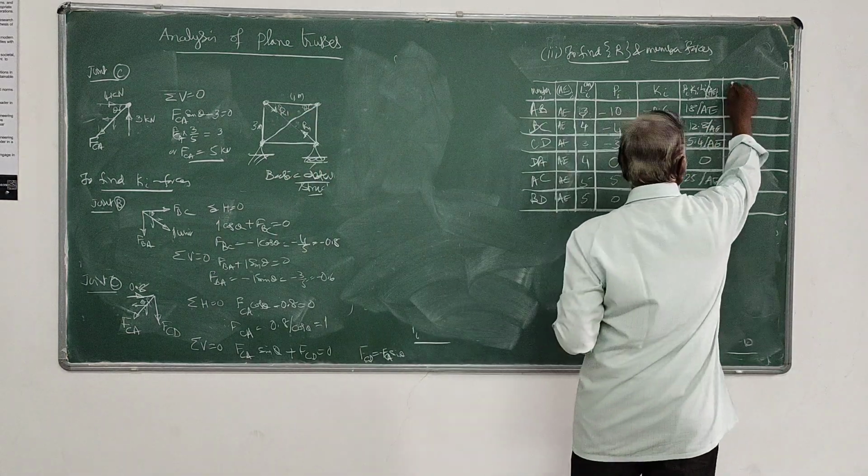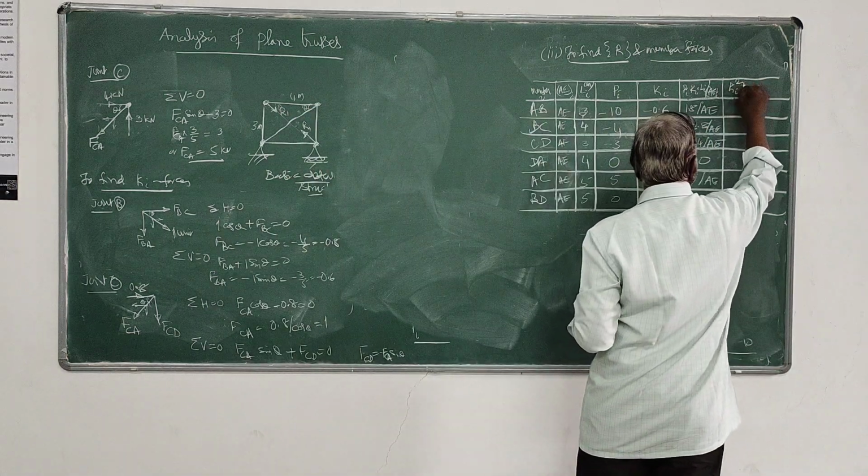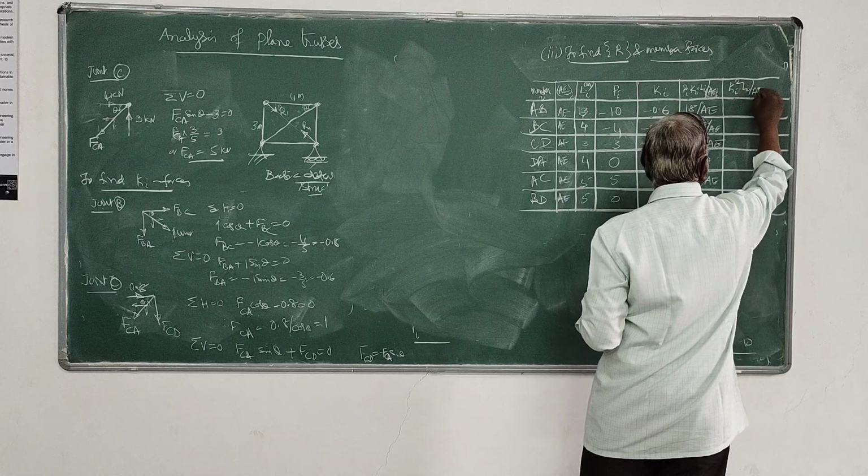Then we can find out Ki square Li by Ji.